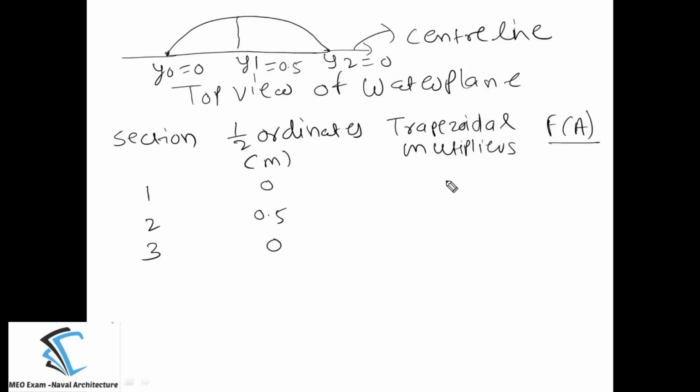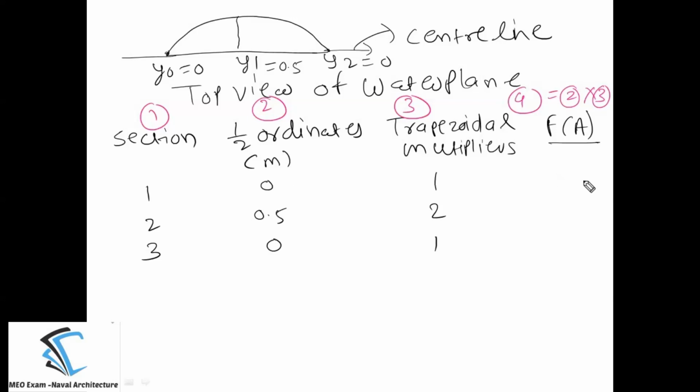Then trapezoidal multiplier, in this case it will be 1, 2, 1. Then just a minute, I will give a column number that will be easy to understand: 1, 2, 3 and 4. So column number 4 will be column number 2 multiplied by column number 3. So just do the multiplication of these two.